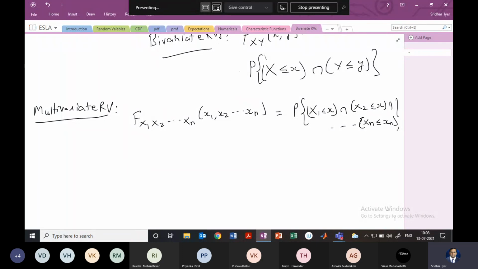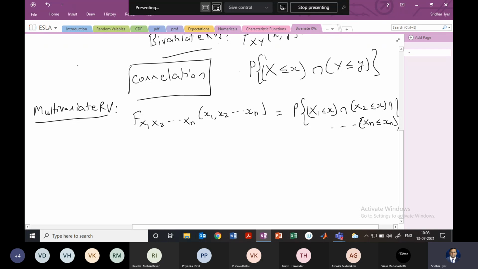We'll restrict ourselves only to the bivariate case, that is two random variables, and this is going to be a very important case for us, because here we are very much interested in the property known as correlation. That is, how are x and y correlated with each other? This correlation can be positive, it can be negative, or it can be zero.